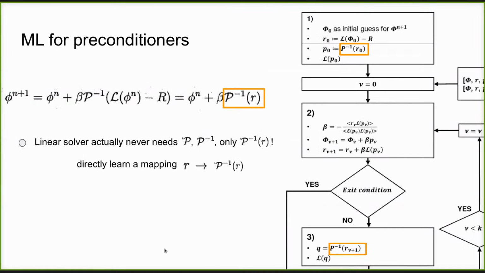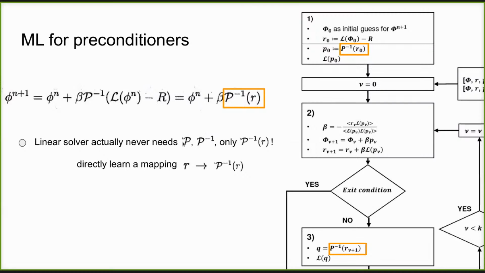So with this, we go back to the main paper, and especially to the algorithm that is described here. One thing you will notice is that you always require the inverse of the preconditioner. The second thing is you only require it already applied to a vector or a field of residuals.